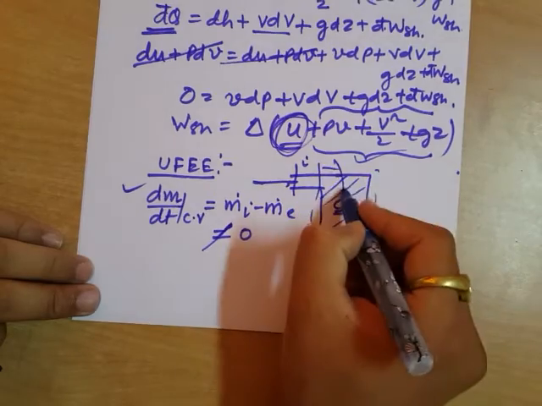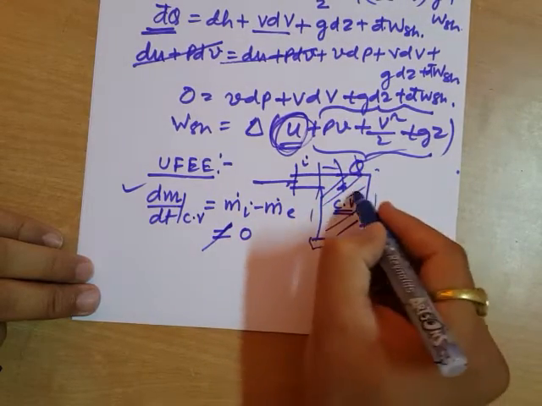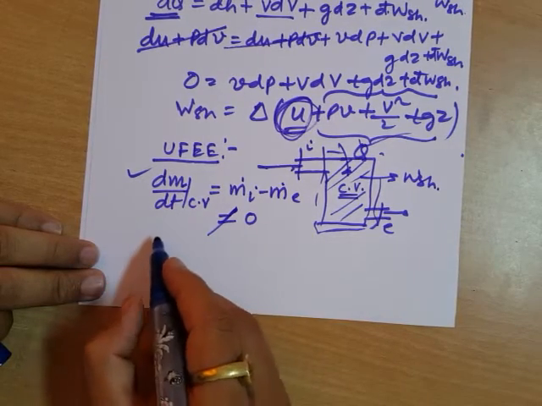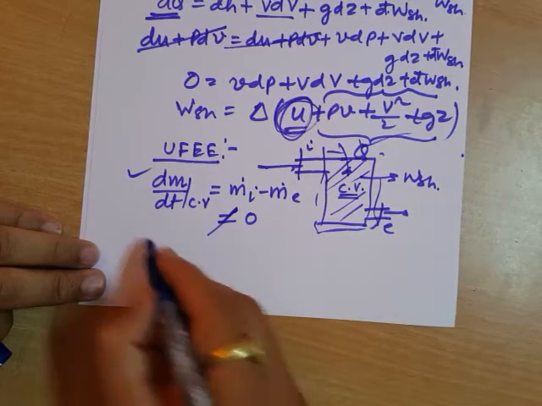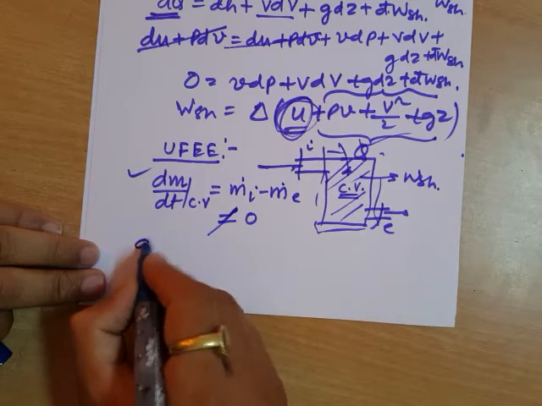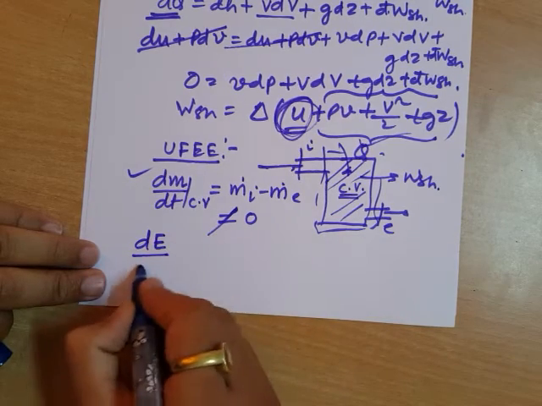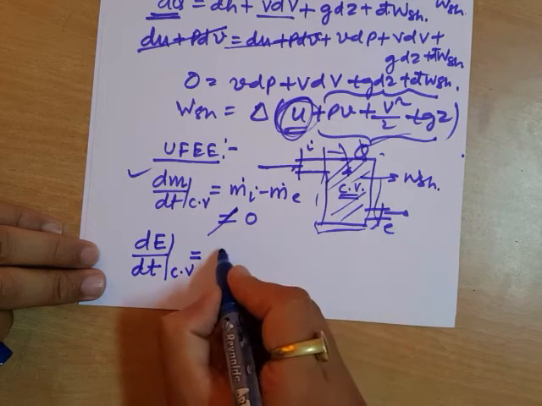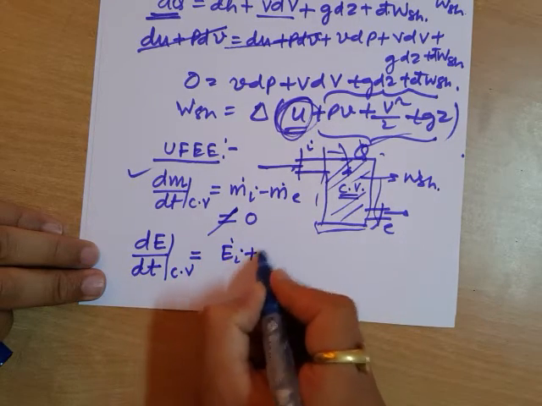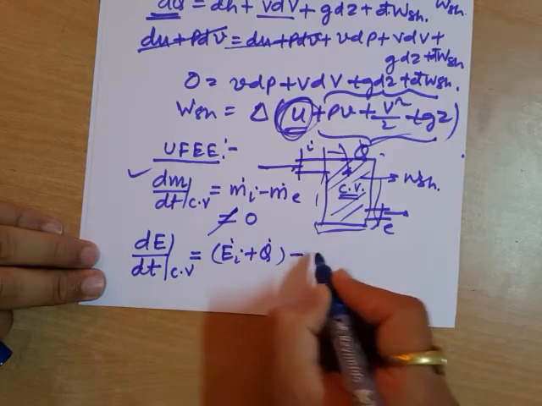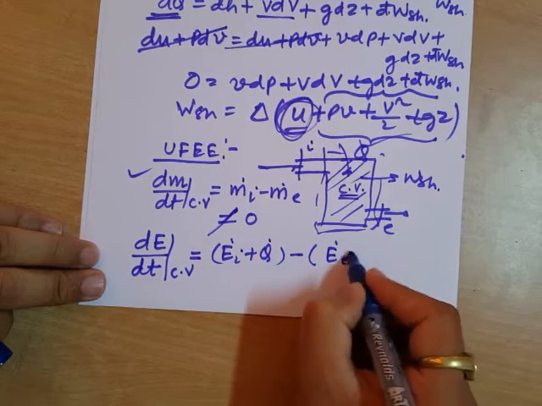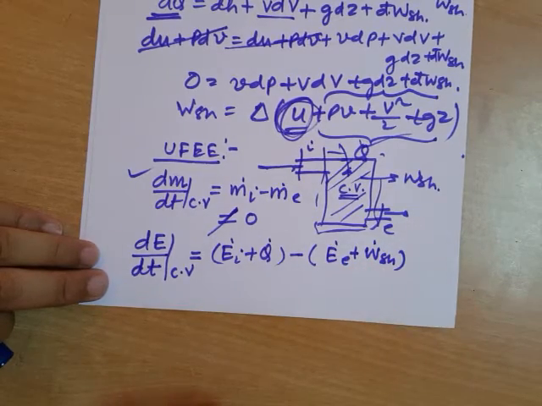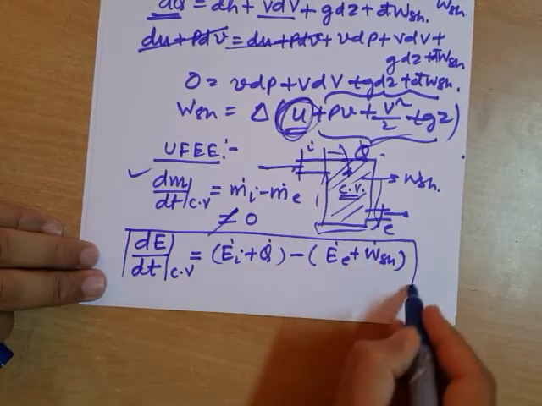Likewise, if this is interacting with the universe with this Q and this W shaft, I can write that the rate of accumulation of energy in this control volume will be equal to the amount of energy entering minus the amount of energy leaving. So this is my unsteady flow energy equation.